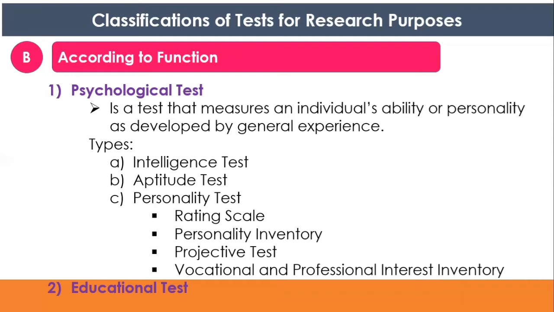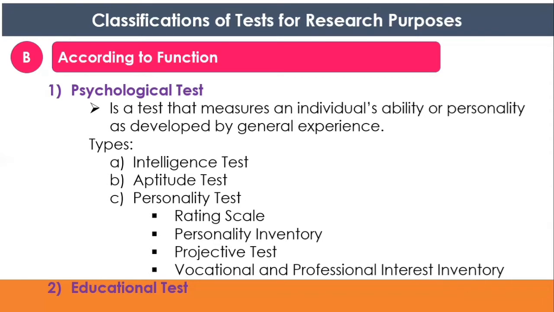So this test reveals in what type of work a person is interested in, whether business, teaching, medicine, mechanic, etc. So if you were in your high school, or right before you graduated from senior high school or grade 12, you were actually given a vocational and professional interest inventory test, because this is for you to determine which type of profession you are inclined into, okay?